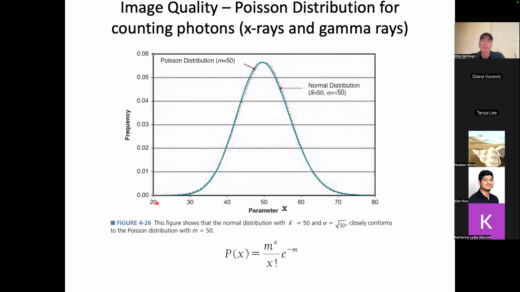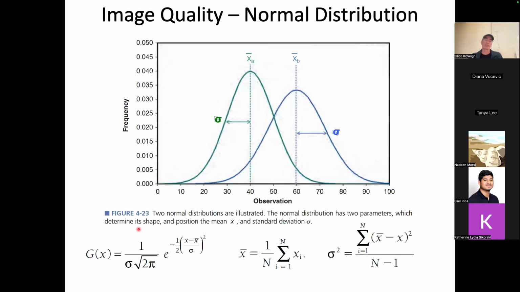So for most of what we're going to look at, you can assume that the pixels in a region of interest are going to follow a curve that looks like this. It's called a normal distribution. This is one way of writing the formula. This is the Gaussian distribution.